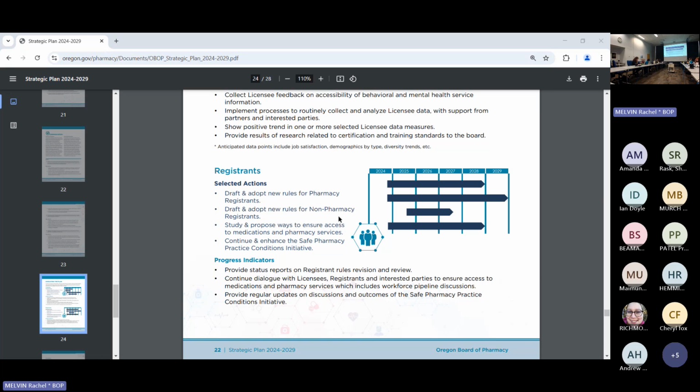It says study and propose ways to ensure access to medications and pharmacy services, continue and enhance the safe pharmacy practice conditions initiative. Those are under selected actions, and then progress indicators also mention the SPPC. It says provide regular updates on discussions and outcomes of the Safe Pharmacy Practice Conditions Initiative.